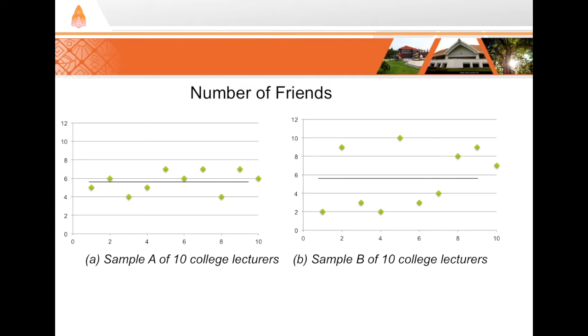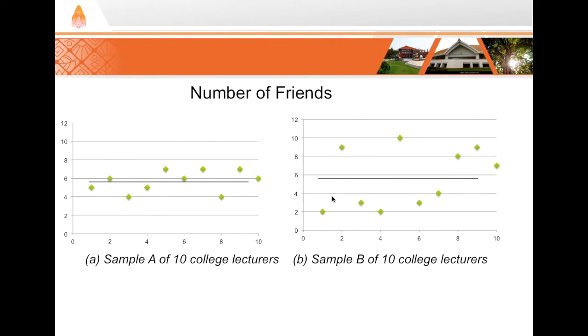In the first sample, I asked 10 college lecturers how many friends they have, and this is what I see. The mean is 5.7 friends, and my mean does a pretty good job of describing reality. Most people have around 5 or 6 friends. On the other hand, in example B, we see that the sample also has a mean of 5.7 friends.